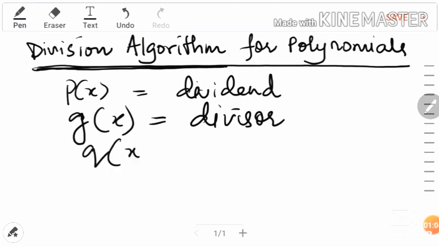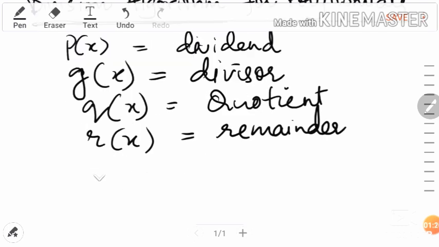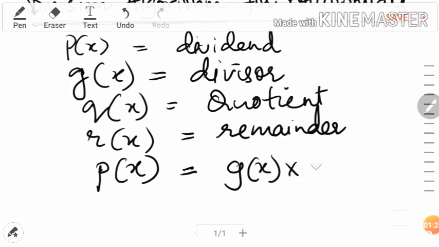Q of x will be the quotient polynomial, and R of x will be the remainder polynomial. So we can write the dividend equal to divisor into quotient plus the remainder.